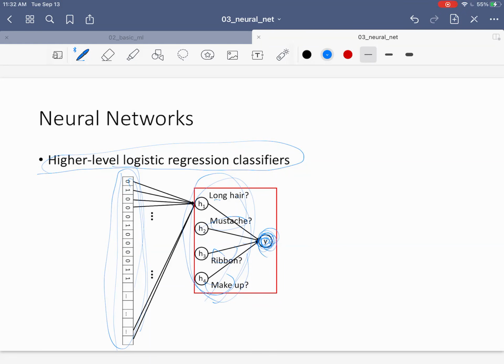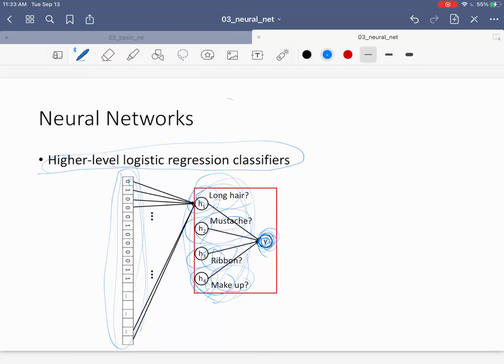And this is already a feed-forward neural network with one hidden layer. We need to do backpropagation, and based on this backpropagation, maybe these hidden logistic regressions will actually learn something very useful.